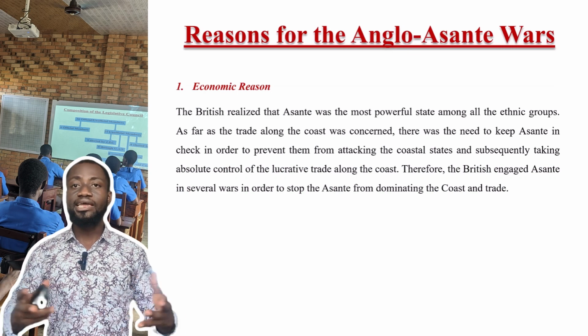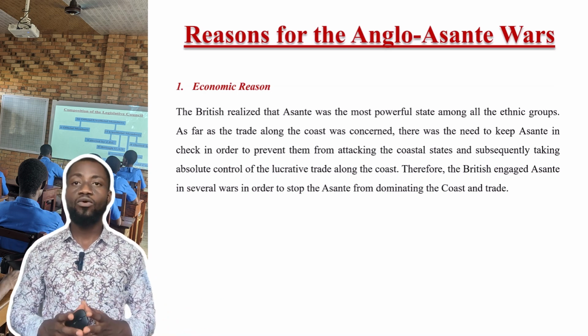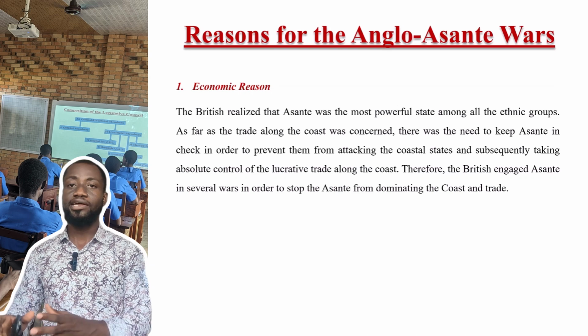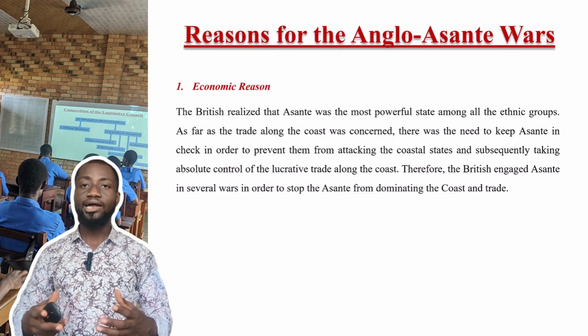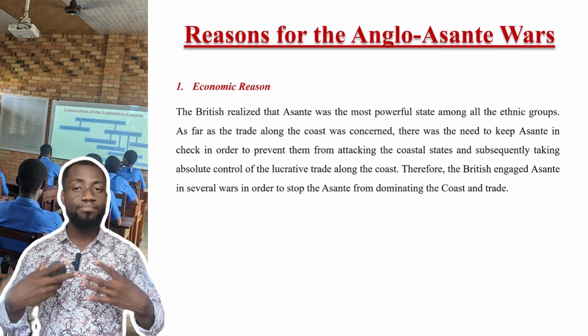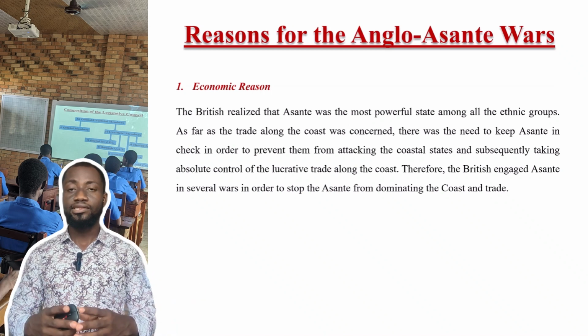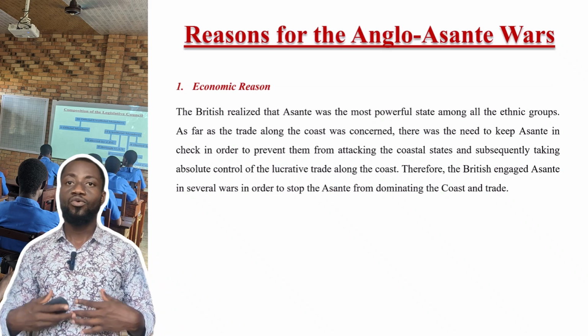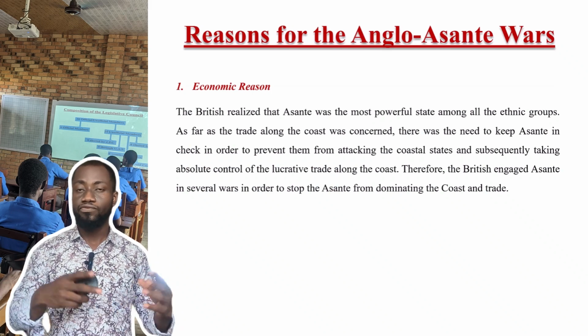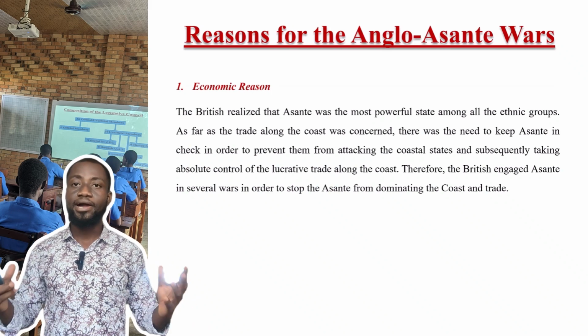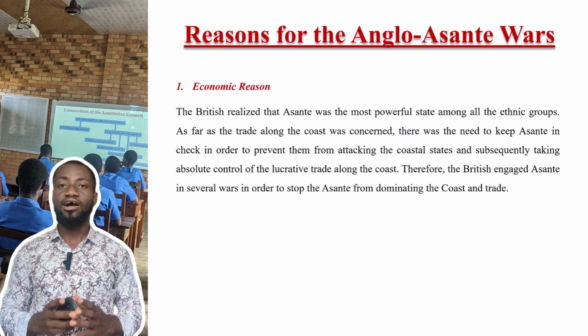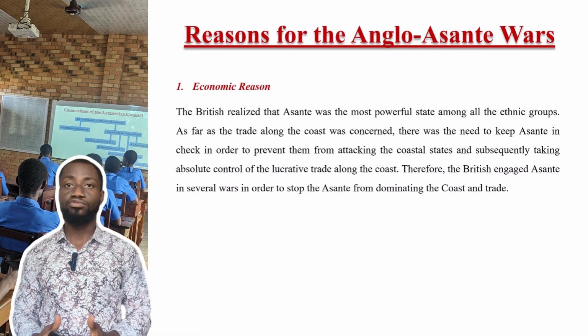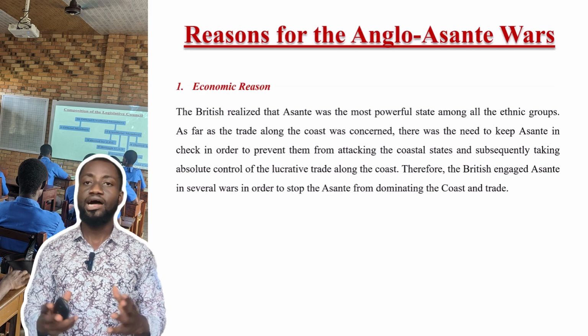And therefore, the British engaged Asante in several wars in order to stop the Asante from dominating the coast and also trade. So the British main aim was to trade with the Gold Coasters, and Asante at this period were engaged in several wars with other ethnic groups, thereby making it very difficult for the British to trade, because if there is war, I don't think that people can trade among themselves.